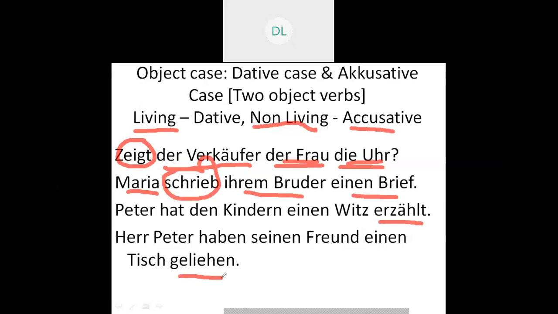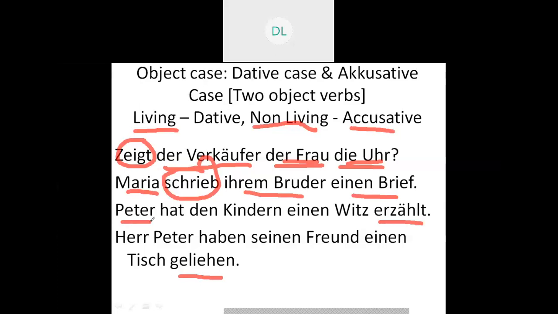Please, in the earlier sentences you cannot say that with those verbs, pure accusative, pure dative, I'll apply this rule of living and non-living. Sorry, the living and non-living rule will be applying only and only in the case of double object or two object verbs. So here in the third sentence, Peter narrates a joke to the kids.